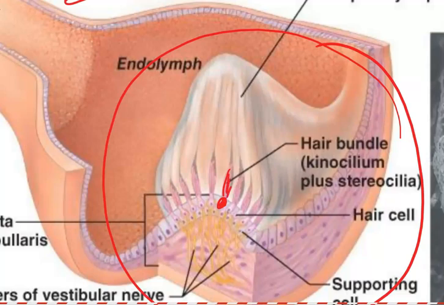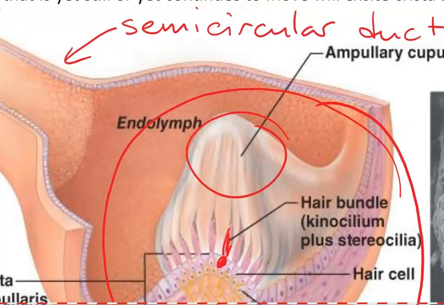But this time, stereocilia are embedded into the structure called ampullary cupula, which is very flexible and can bend. And I want to remind everybody that the semicircular canal is filled with endolymph. Again, potassium-rich fluid.